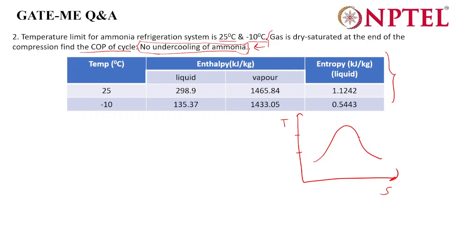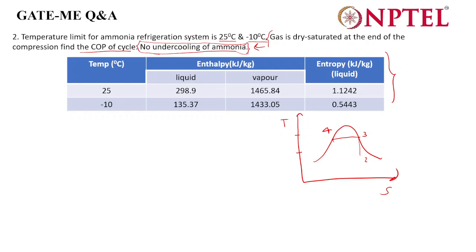So this is dry saturated, means if isentropic compression will happen, then it will come here only. So this point is the second point. Second point is the exit of the evaporator, and here it is given no undercooling is done, means this is the third point and this is the fourth point. So the fourth point would be the saturated liquid. Is it clear why the fourth is saturated liquid?